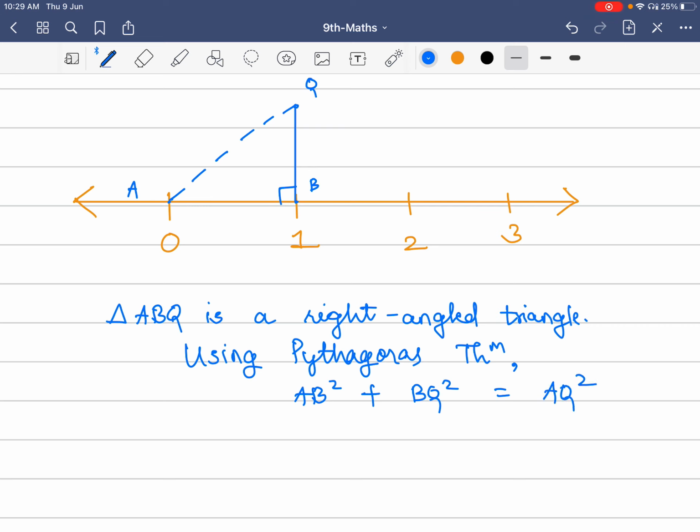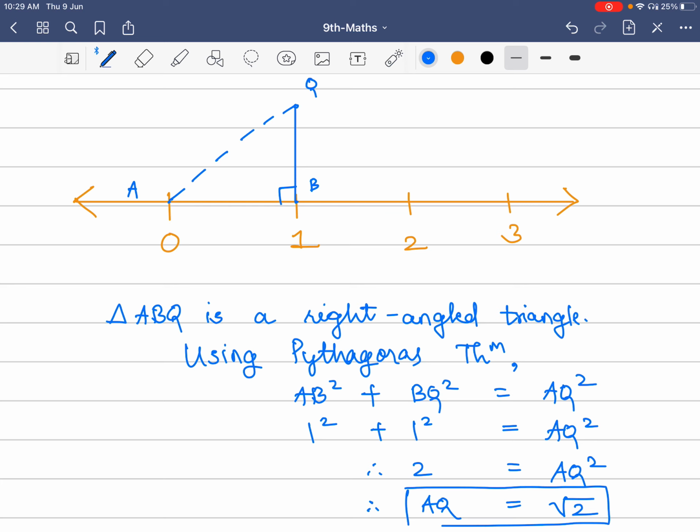But what is AB? AB is 1. What is BQ? BQ is also 1. So 1 square plus 1 square is equal to AQ square, and therefore we have 2 equal to AQ square, and therefore AQ is of length under root of 2.